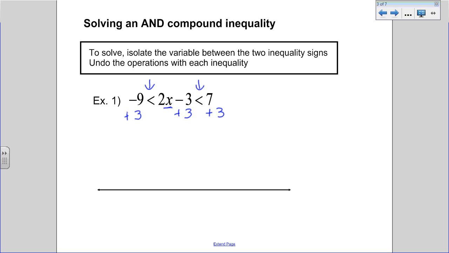They're sharing that statement. And because they share that statement, they're going to share all of my algebra steps. So it looks a little weird because instead of just adding 3 to one side, I'm actually adding that 3 to every single part. Here it cancels out. And then I'm going to have -6 is less than 2x is less than 10.